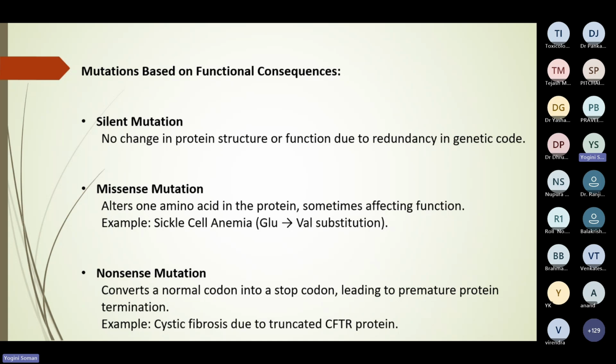And if there is a mutated codon, so instead of GAG, if there is a GTC, then it codes for valine. So it changes from a hydrophilic amino acid to a hydrophobic amino acid, which leads to abnormal hemoglobin aggregation, and the cells become sickle shaped. So this is a missense mutation.